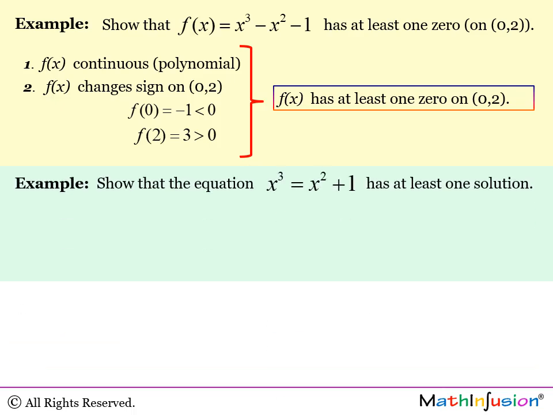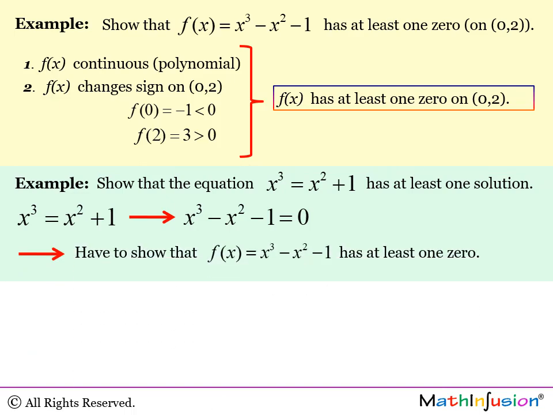Example. Show that the equation x cubed equals x squared plus 1 has at least one solution. We are going to do a trick. If x cubed equals x squared plus 1, it implies that x cubed minus x squared minus 1 equals 0. So I have to show that the function x cubed minus x squared minus 1 has at least one zero.